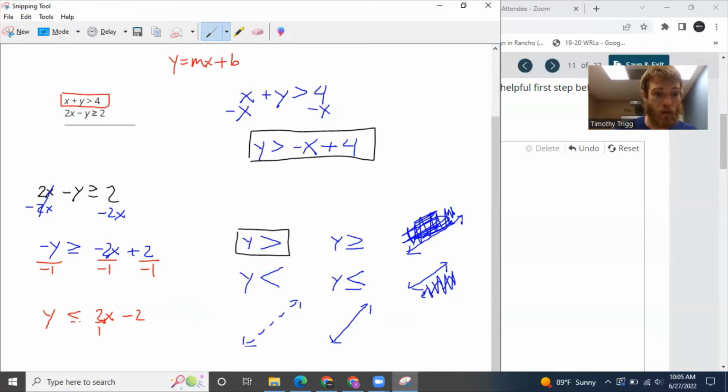So anytime you divide by a negative, you need to switch from a greater than to a less than, or less than to a greater than. So here's our inequality that we need to graph: y is less than or equal to 2x minus 2.